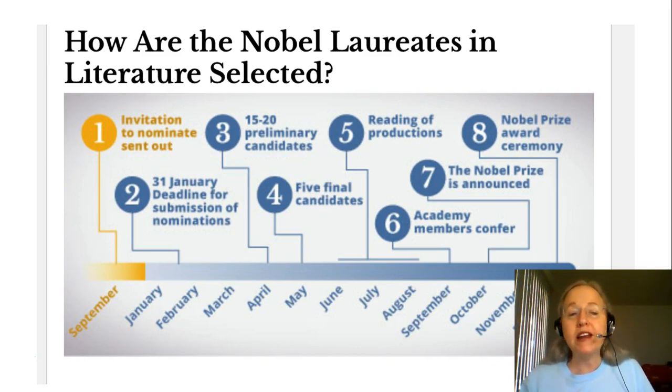So there's a wide net for receiving. Anyone can really, with a little bit of help, get their name in contention for nomination, but from those, the Swedish Academy will choose 15 to 20 preliminary candidates. Of those, 5 are chosen at the beginning of the summer as finalists, we'll call them.